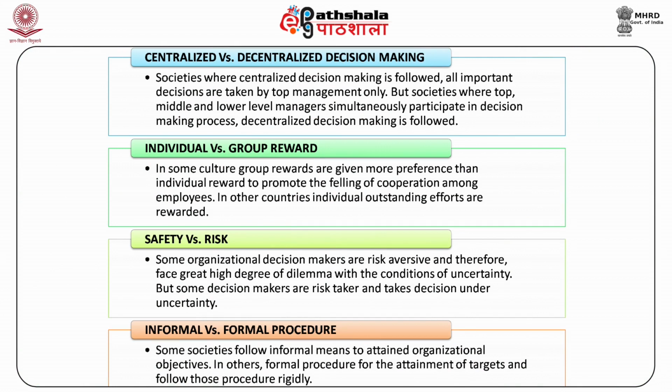Societies where centralized decision making is followed, all important decisions are taken by top management only. But in societies where top, middle and lower level managers simultaneously participate in decision making process, decentralized decision making is followed. Second, individual versus group reward. In some cultures, group rewards are given more preference than individual reward to promote the feeling of cooperation among employees.